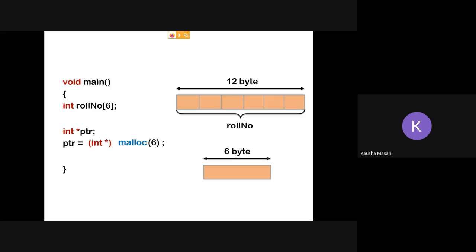Roll number is going to take 12 bytes of memory, whereas malloc is going to take a single block of 6 bytes. So integer roll number 6 and malloc 6 are not the same. That is what you have to take care of.